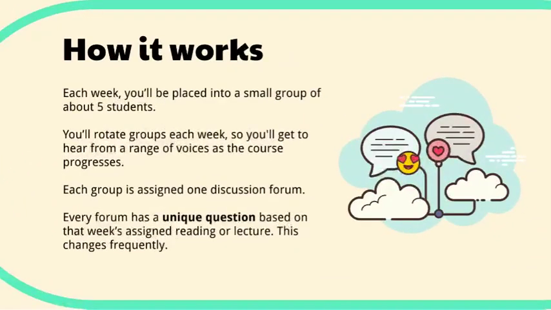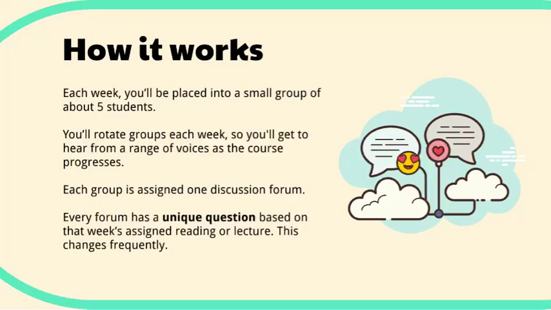All right, so how it works. Okay, again, look visually to the Canvas page for this. That might help if you're struggling, but I'll just go over it here as well. Each week, you will be placed into a small group of about 5 students. You'll rotate groups each week, so you'll get to hear from a range of voices as the course progresses.